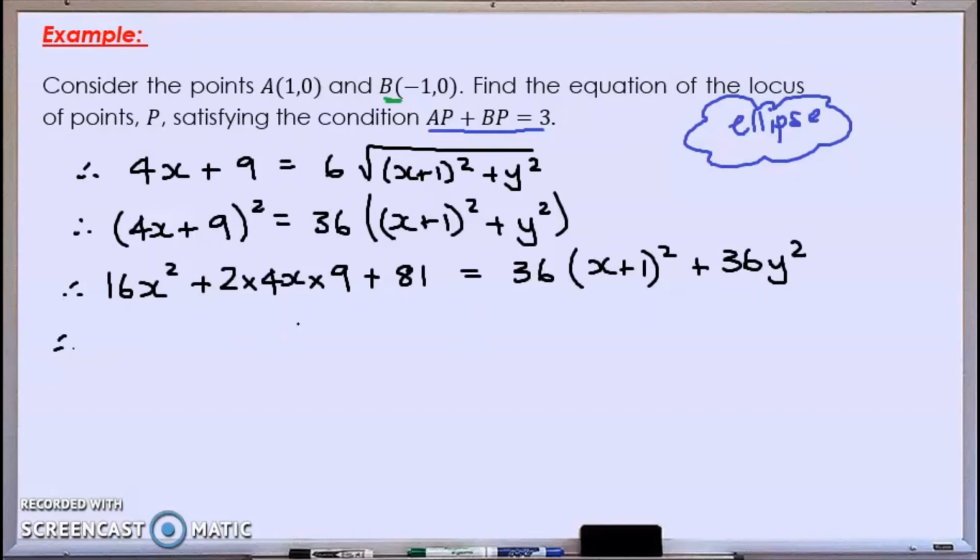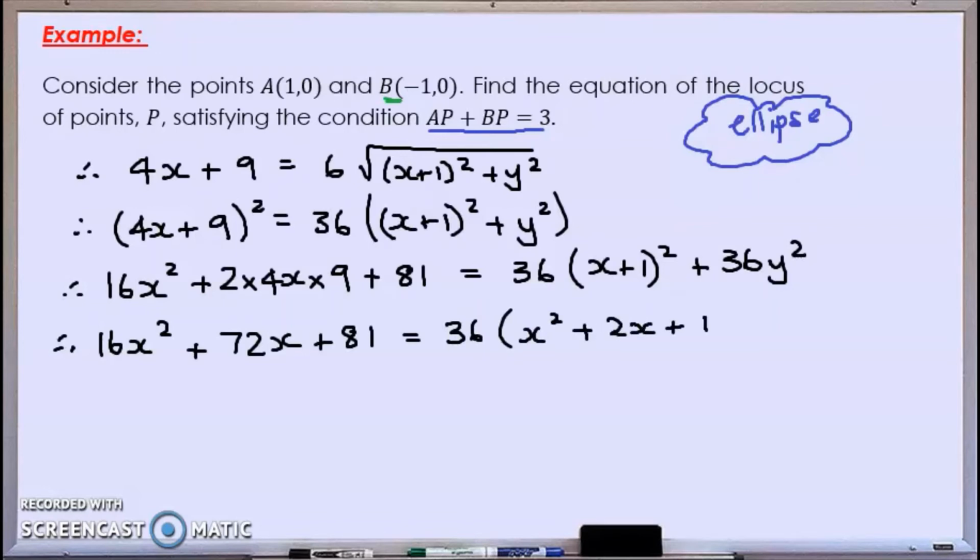We'll keep going with collecting and expanding and doing all that sort of algebra business. 16x squared plus 2 times 4 is 8 times 9 is 72x plus 81 equals 36. Let's expand this one. x squared plus 2x plus 1 plus 36y squared.